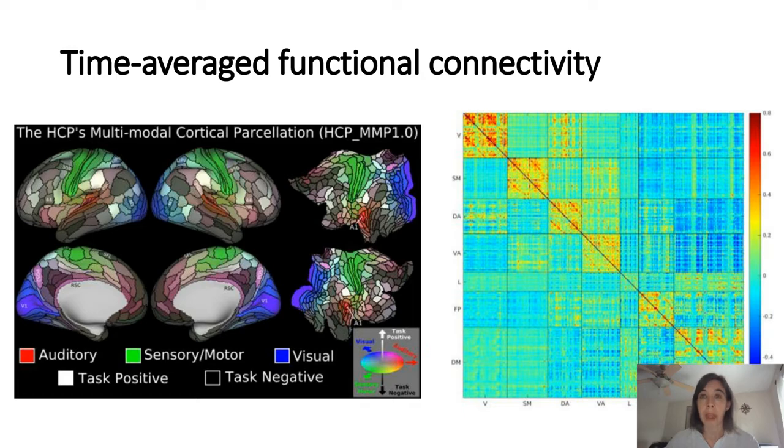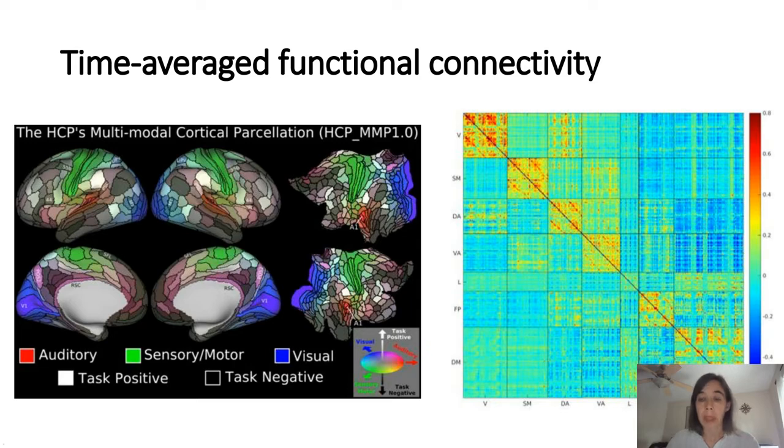That means we can take the brain on a voxel by voxel basis, or divide it up into different parcels, areas that are functionally similar and work together, so that we can reduce the spatial dimensionality of the data.